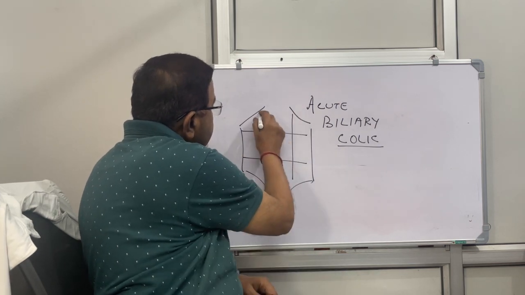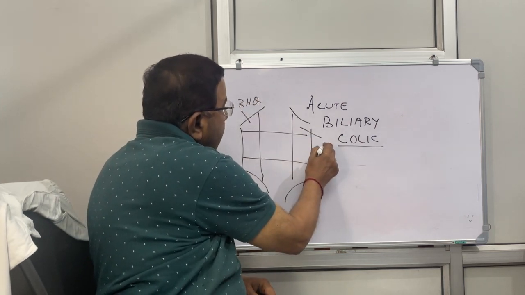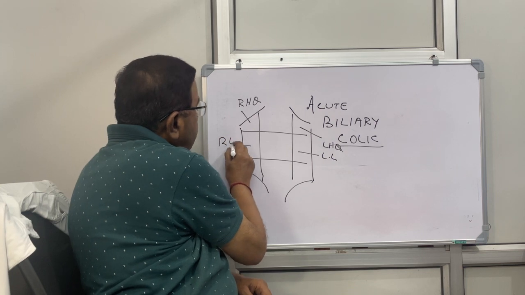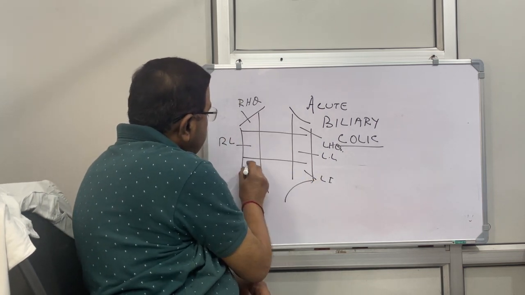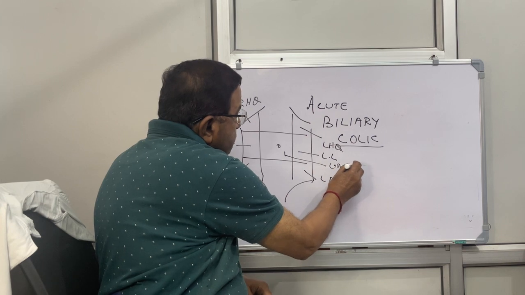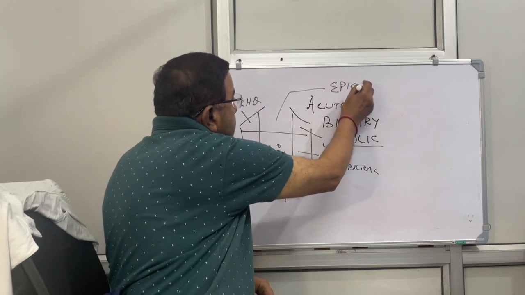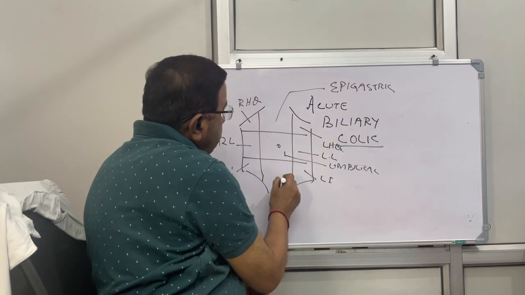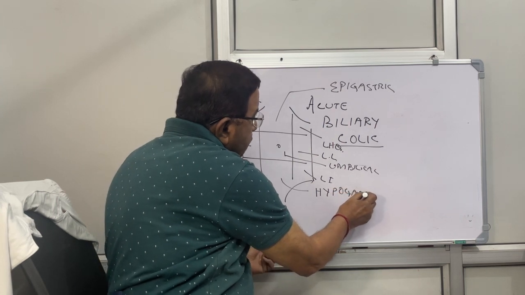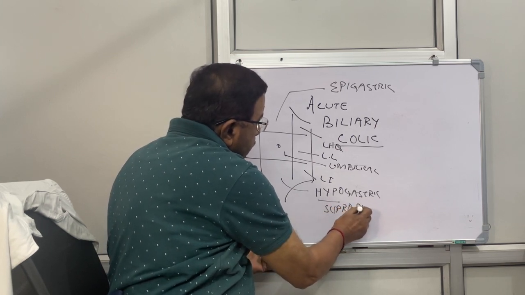We have 9 quadrants: right hypochondrium, left hypochondrium, left lumbar, right lumbar, left iliac, right iliac, umbilical, epigastric, and hypogastric or suprapubic.